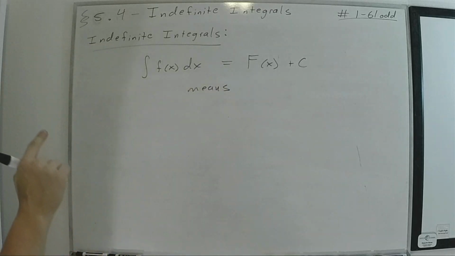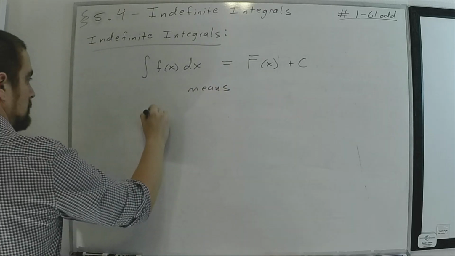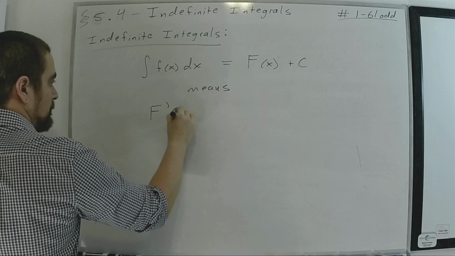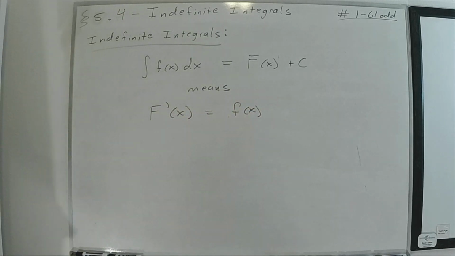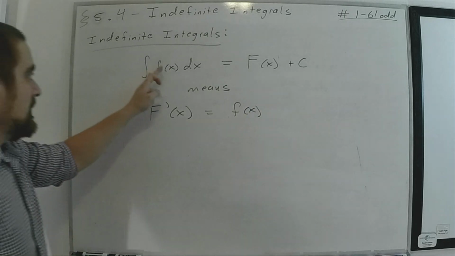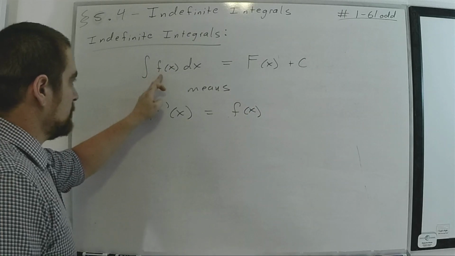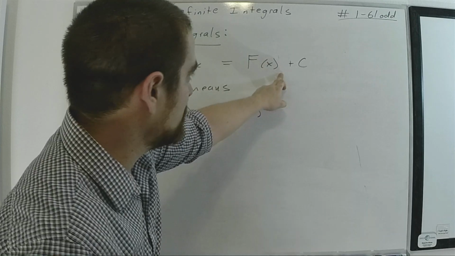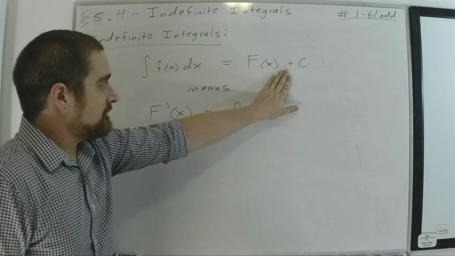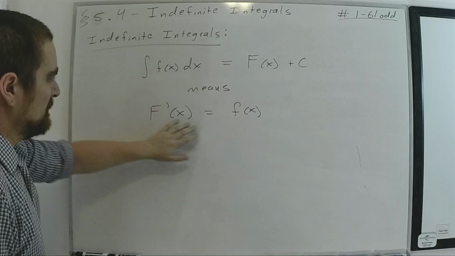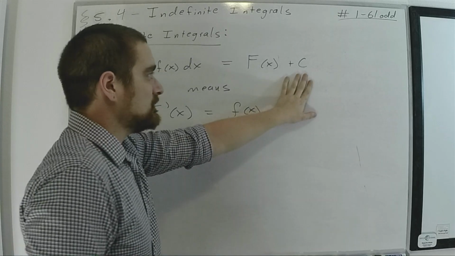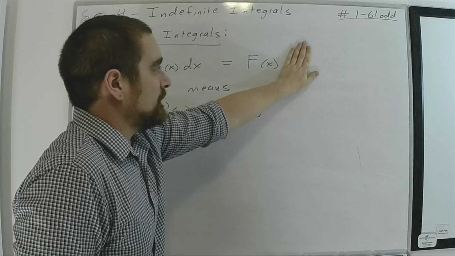So what this means is that if I were to differentiate F prime of x, I should get f of x. Right? That's what this means. If I anti-differentiate lowercase f, I should get capital F of x plus C. And if I differentiate this capital F of x, I should get lowercase f of x. I'm leaving out the plus C here because C is just a constant. We all know if we differentiate it, we get 0.